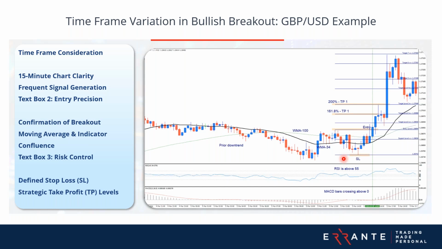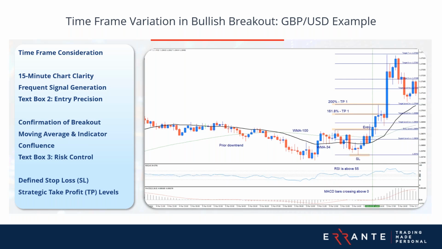The take profit levels are methodically set at the 161.8% and 200% Fibonacci extension levels as TP1 and TP2. This is a typo here. And these points are identified based on the established bullish momentum and the entry price, offering logical levels to secure profits while the market moves favorably.